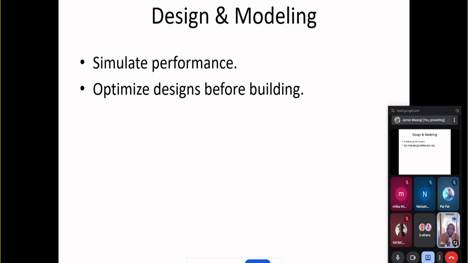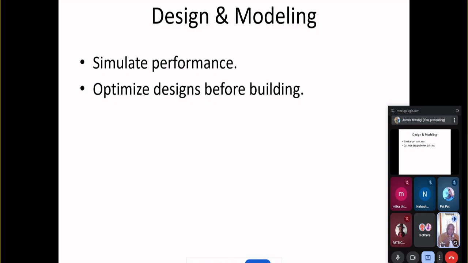So when you are simulating different iterations, different types of houses, different types of solutions, different processes of cooking, different versions of the same recipe that you have iterated, you simulate which one is likely to perform very well, and then you find the best. That is what we call optimizing. Of course, this is a form of iteration when you are designing and modeling.